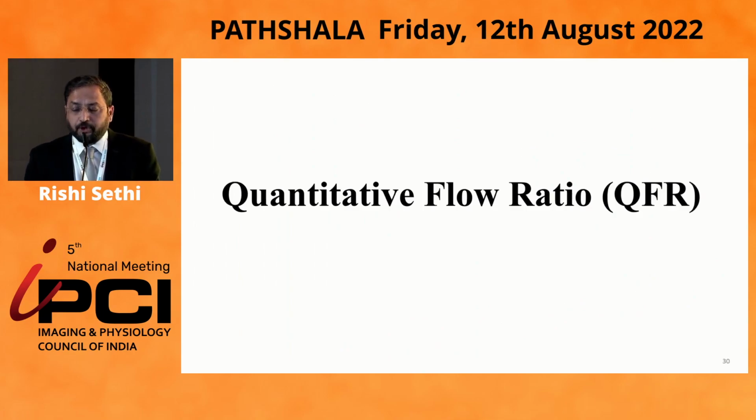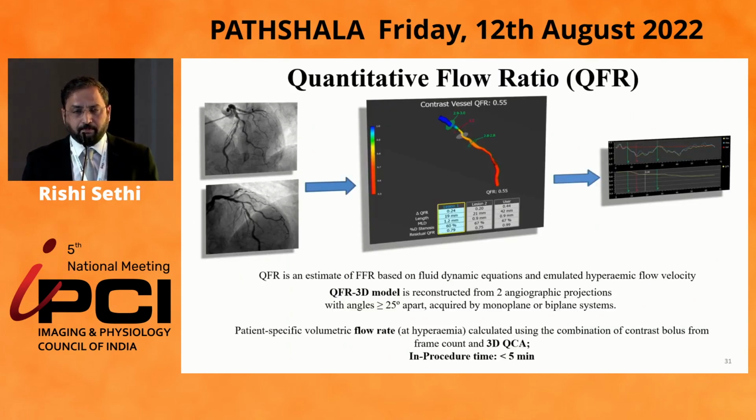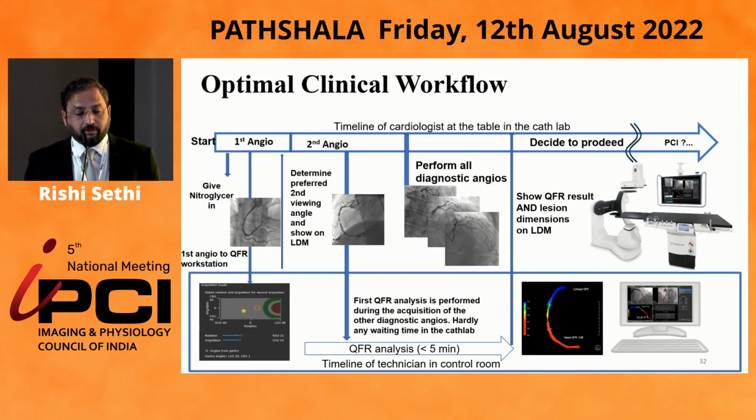We of course have QFR that is coming up now. It's basically a combination of a three-dimensional QCA, in which we reconstruct the 3D model of the vessel from two angiographic projections with angulation 25 degrees apart with minimal overlap and foreshortening, and then you combine it with the flow rates and get the QFR values.